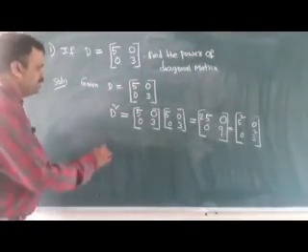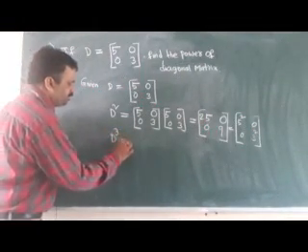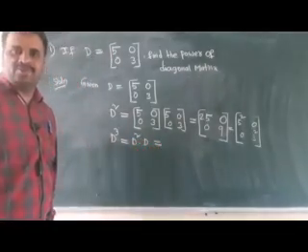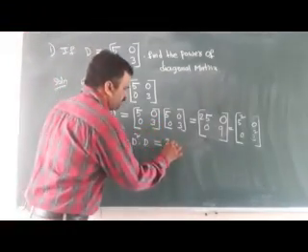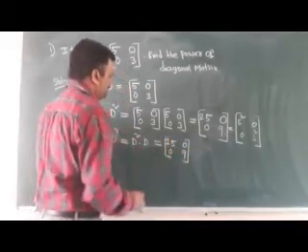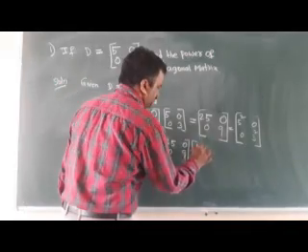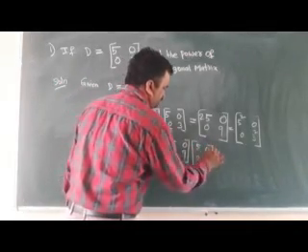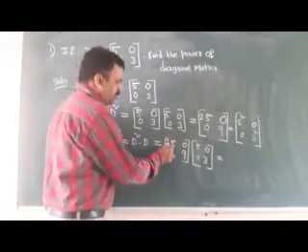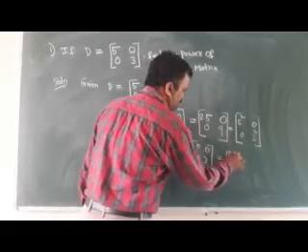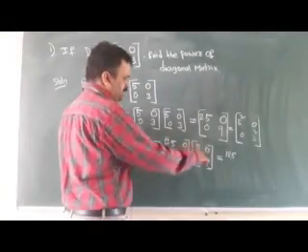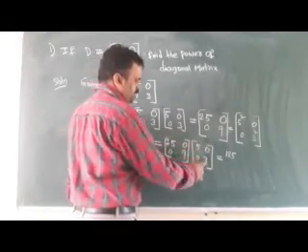Now I am going to find D cube. D cube is nothing but D square into D. Already we have D square: 25, 0, 0, 9 times 5, 0, 0, 3. Multiply it. First row with first column, 25 into 5 is 125 plus 0 into 0, 0 only. First row, second column, 25 into 0 plus 0 into 3, 0.